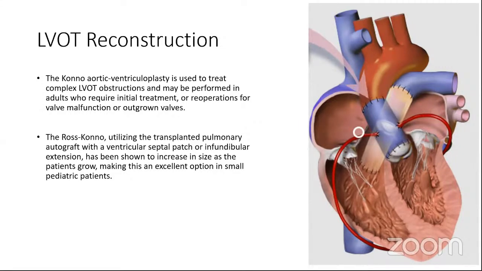The Ross-Konno utilizing the transplanted pulmonary autograft with a ventricular septal patch or infundibular extension has been shown to increase in size as the patient grows, making this an excellent option in small pediatric patients.